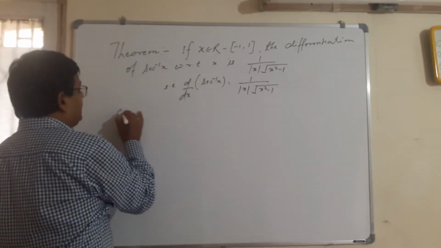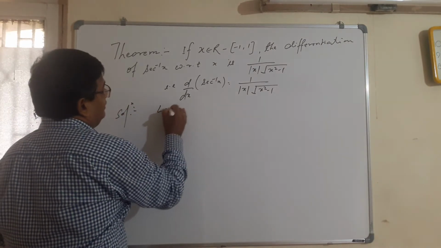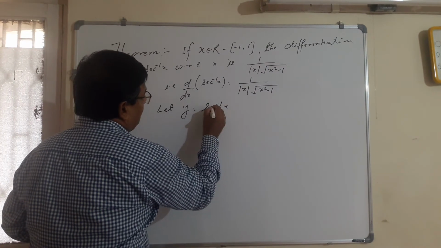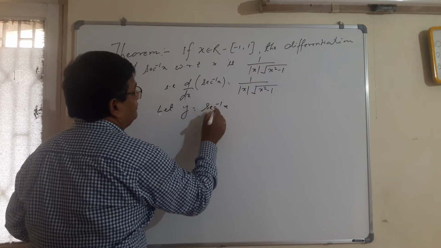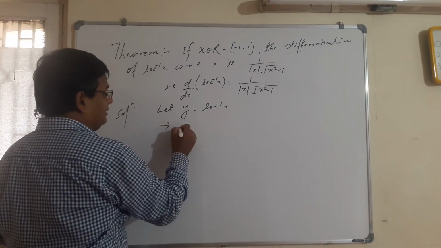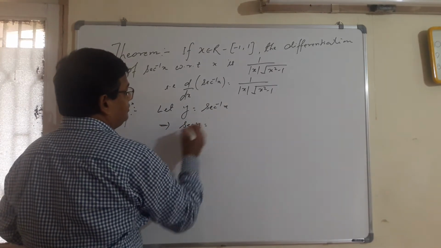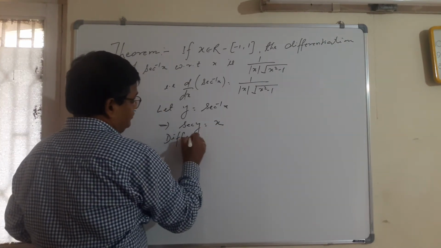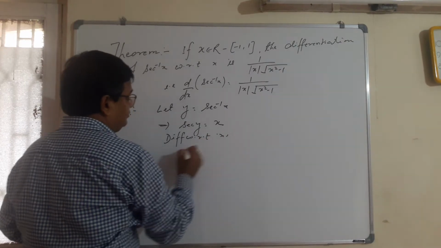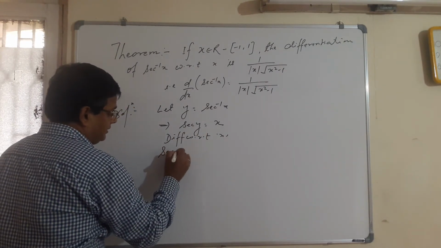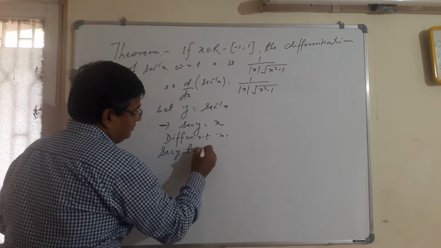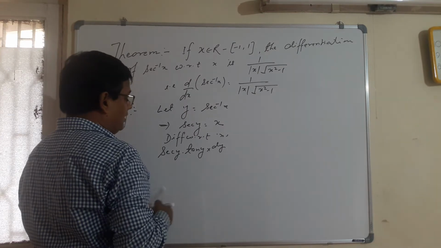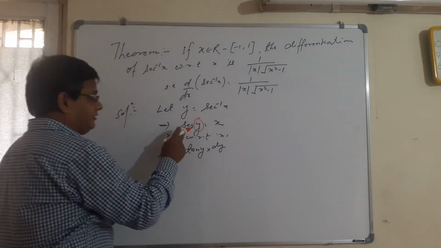So see here, let y is equal to sec inverse x. So it implies sec y is equal to x. Differentiating with respect to x, the differentiation of sec y is sec y into tan y, and then after differentiation of y, dy by dx.